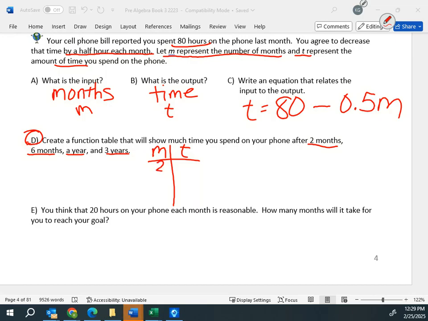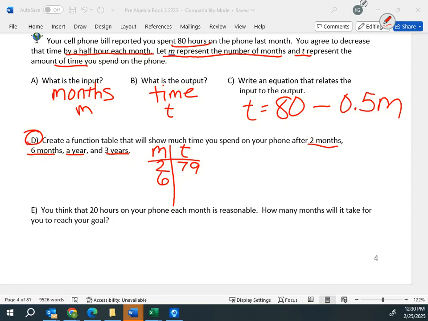Starting with 2 months. 2 times a half gives me 1. 80 minus 1 is 79. Then I have 6 months. A half times 6 is 3.